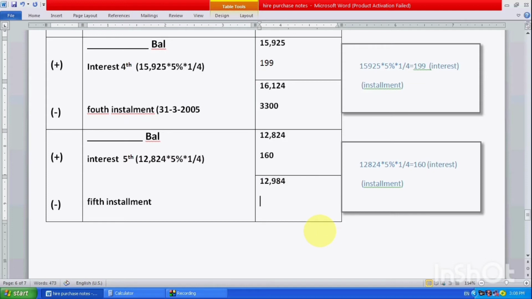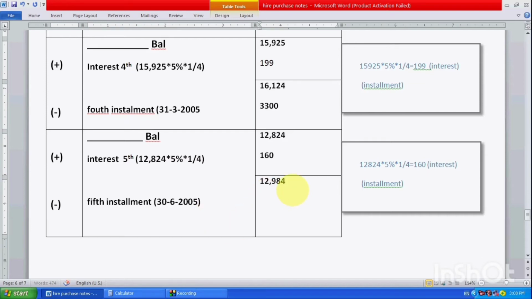Now pay the fifth installment. The fifth installment is on 30 June 2005, 3,300.